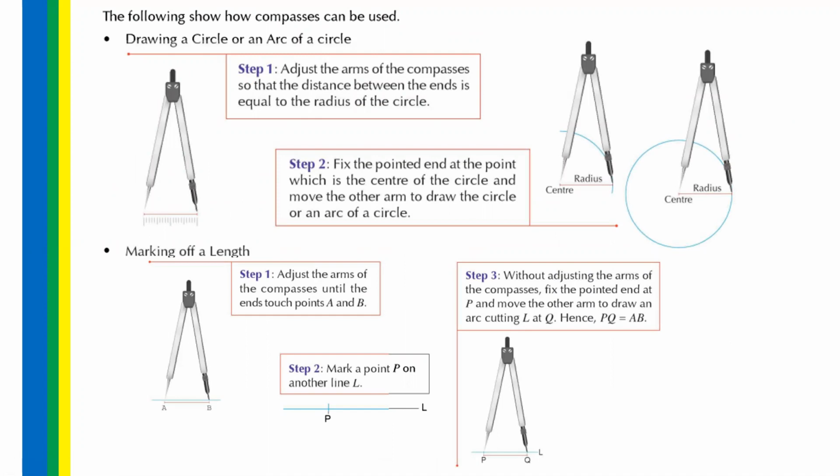If you want to draw a circle with a radius of 3 centimeters, you need your ruler to measure the 3 centimeters from one end to the other end. Then fix the pointer at the center of the circle and move the other arm of the compass to create an arc or a circle.